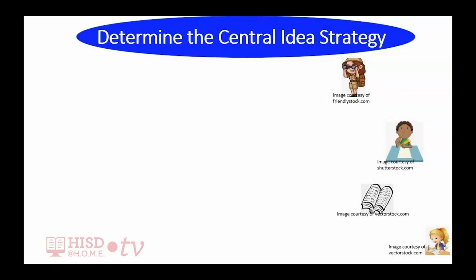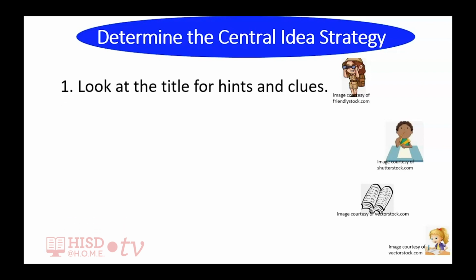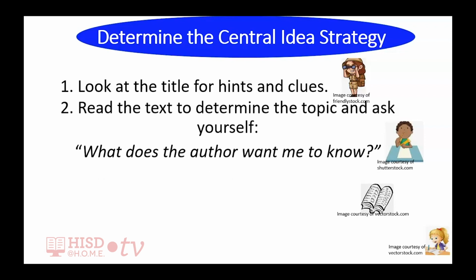Today we'll look at a strategy for determining the central idea. There are 4 steps to this strategy. Step 1. Look at the title for hints and clues. Step 2. Read the text to determine the topic and ask yourself, what does the author want me to know?